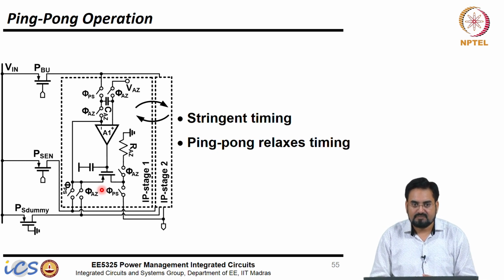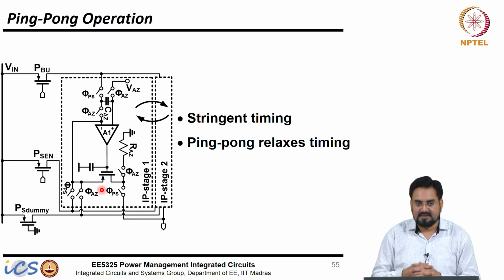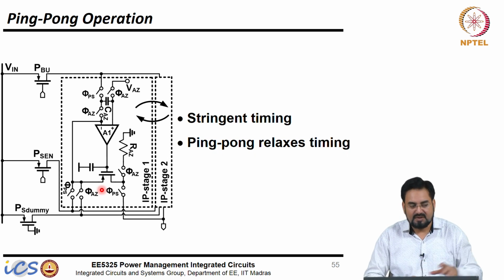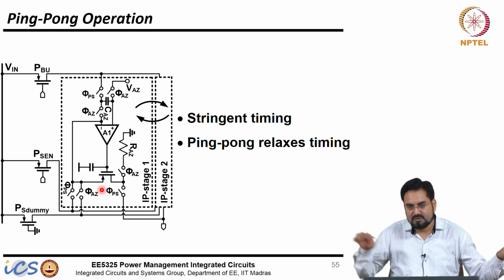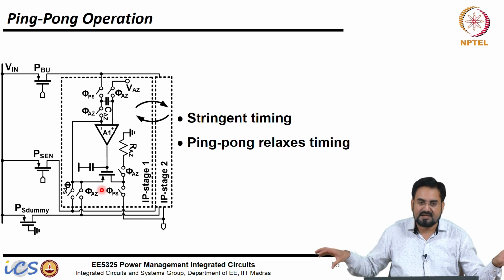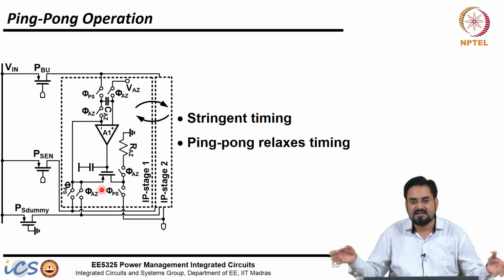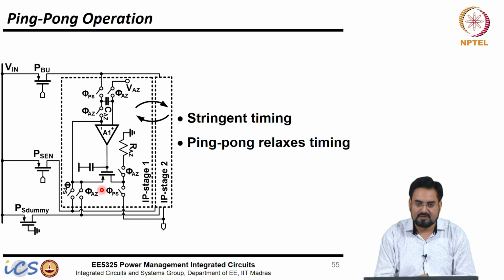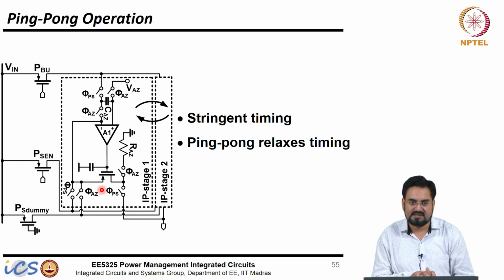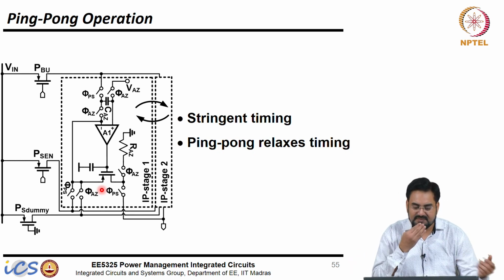So when this one is sensing, you keep the second one in the auto zero mode, and then you reverse the roles in the next cycle, and that is what you keep doing. That is why we call it ping pong.